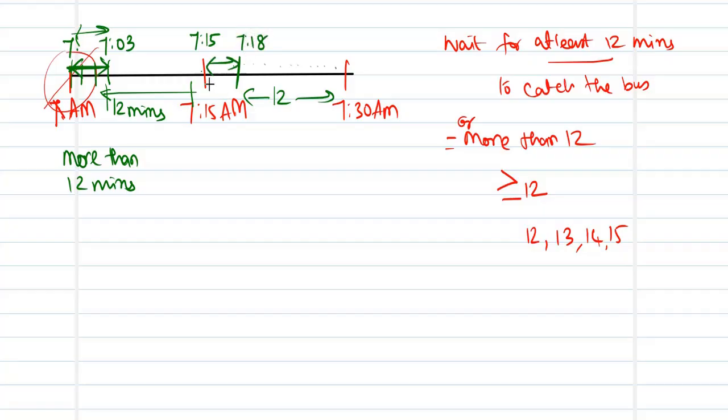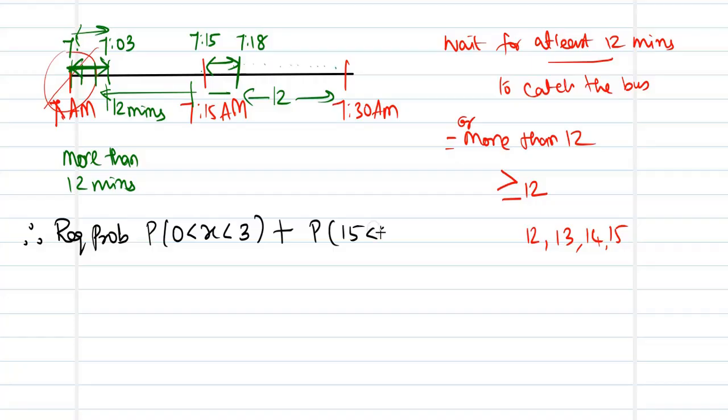If he has entered in this duration, then he will wait for at least 12 minutes to catch the bus. So what are the two options available for us? The required probability that he waits for more than 12 minutes is the probability of arrival between 0 to 3 minutes, or the probability of arrival between 15 to 18 minutes. So these are the two options available for me.